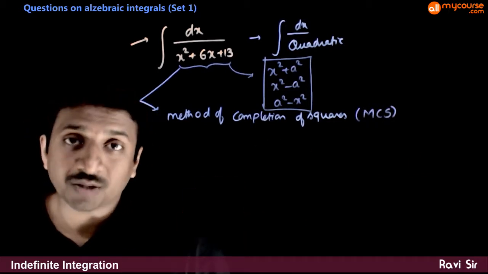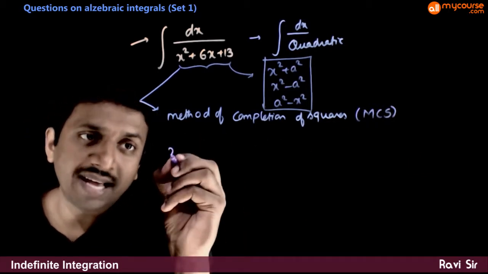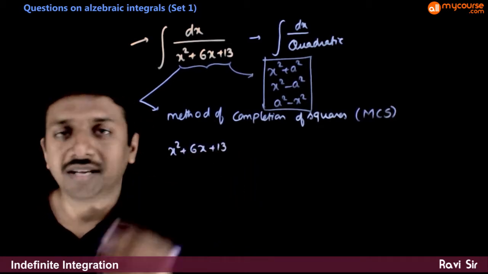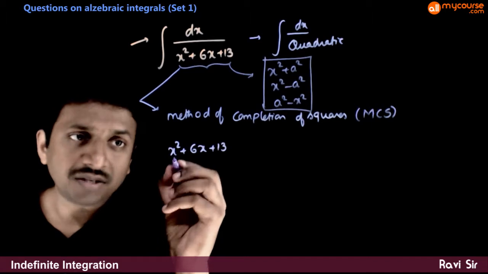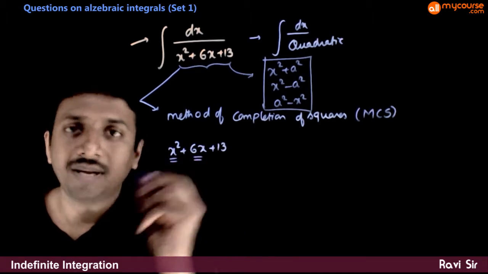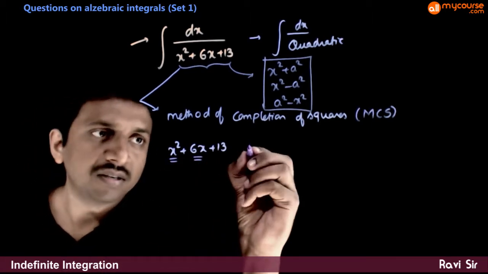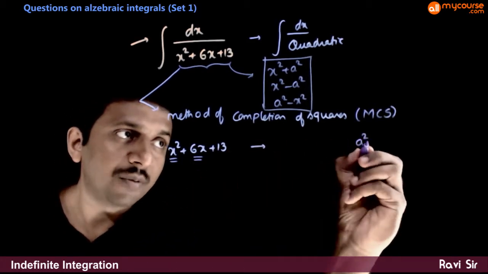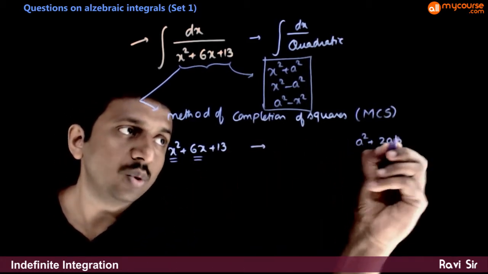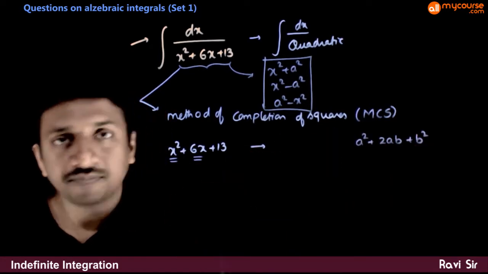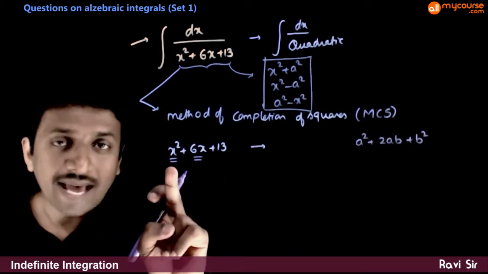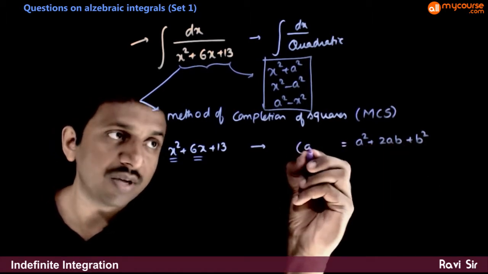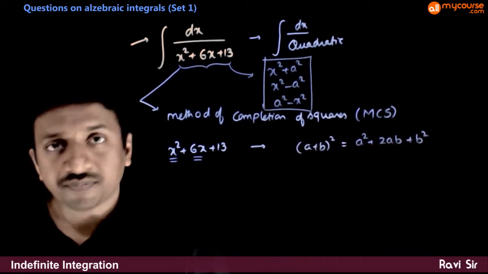So what is this MCS process? What we do is, x square plus 6x plus 30. First you observe x square plus 6x. You compare this with the formula a square plus 2ab plus b square, which is a plus b whole square.